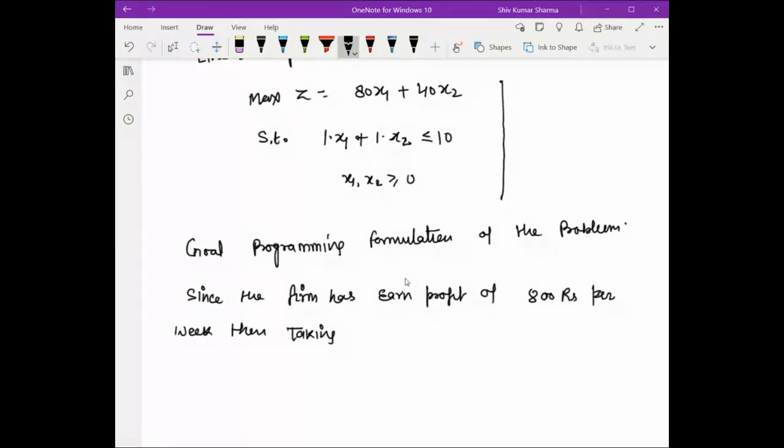One variable we denote as d1 minus. This d1 minus variable represents underachievement.